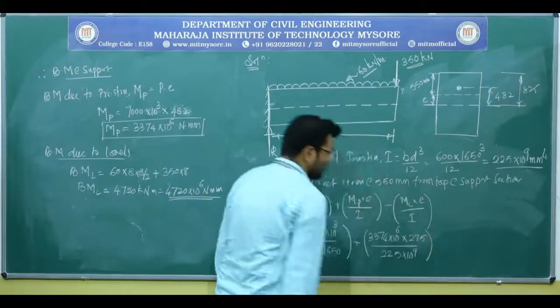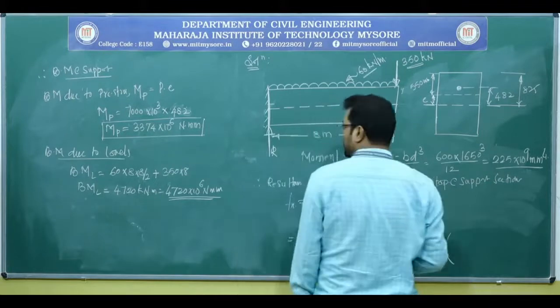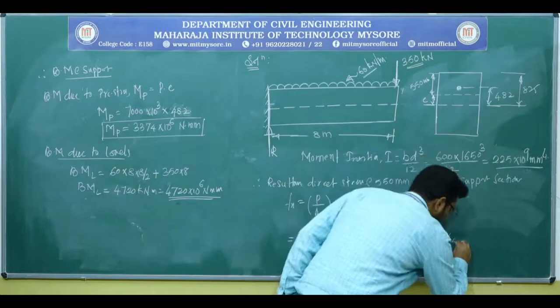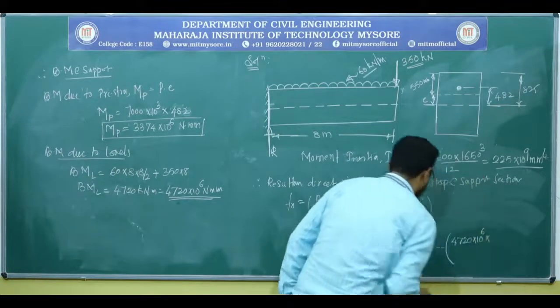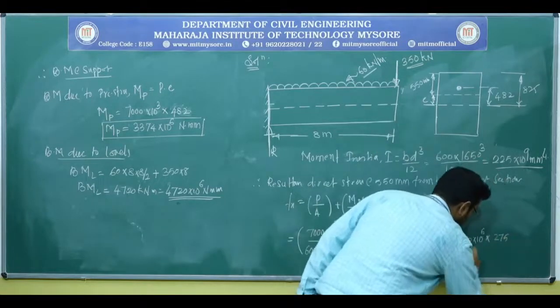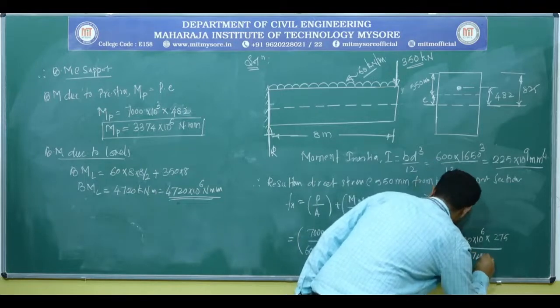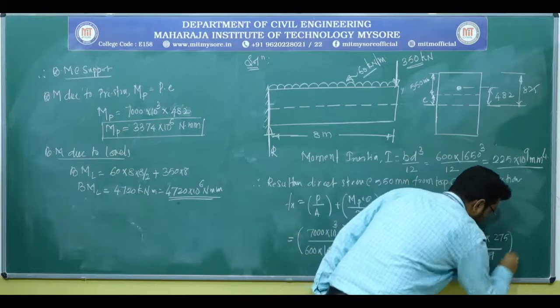It is about 275 millimeter, minus moment due to the loads, that is 4720 into 10 to the power 6, again into eccentricity 275, whole divided by 225 into 10 to the power 9.